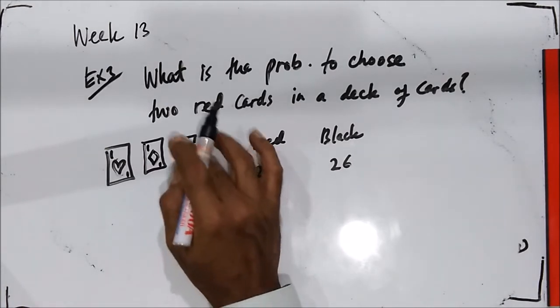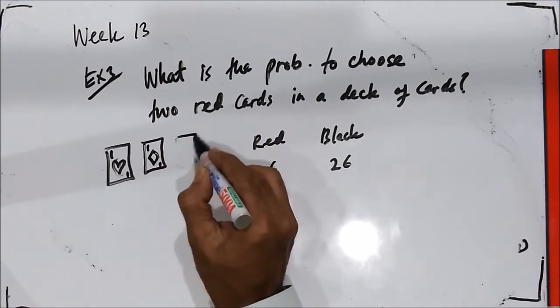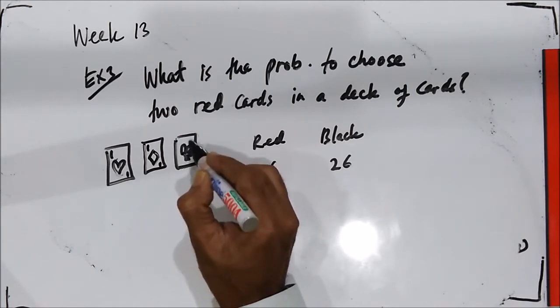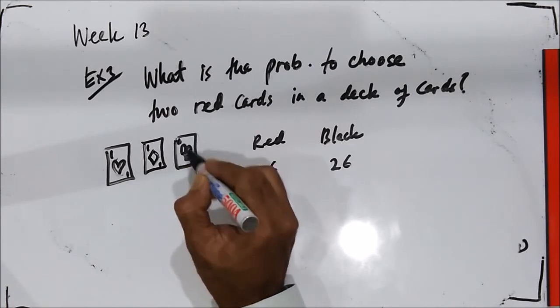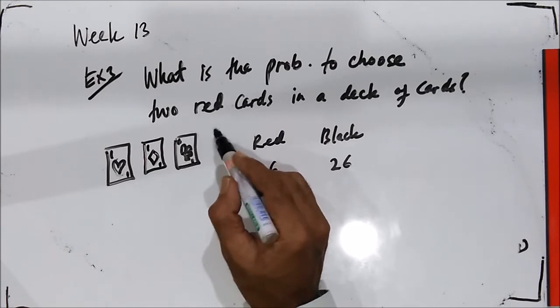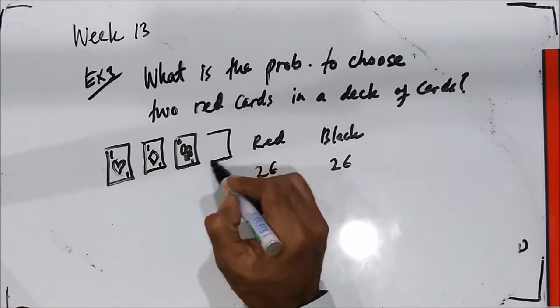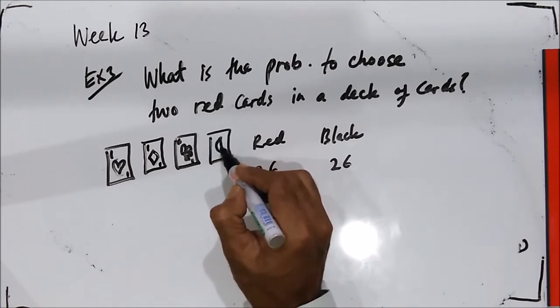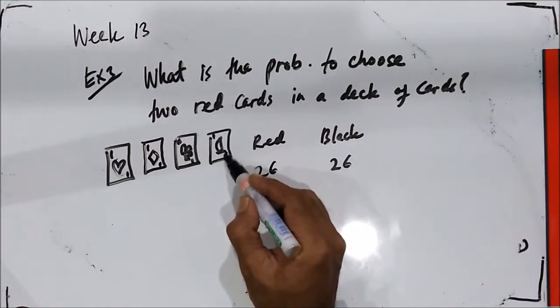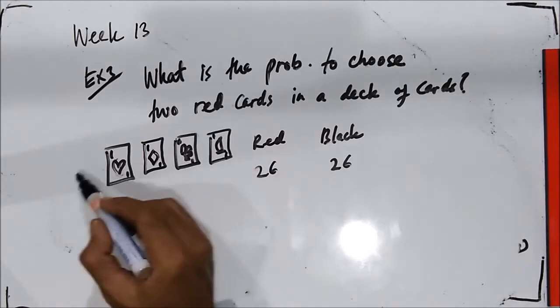A club is like this. Then you have the spade. Spade is like this.